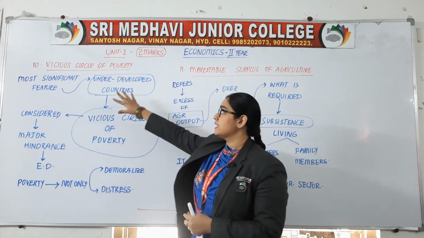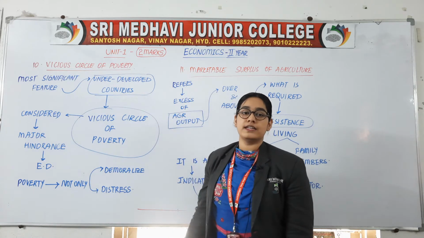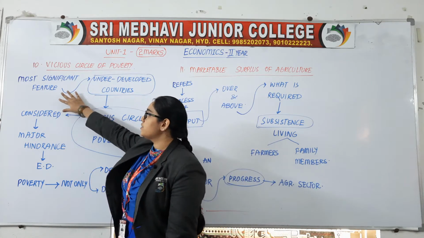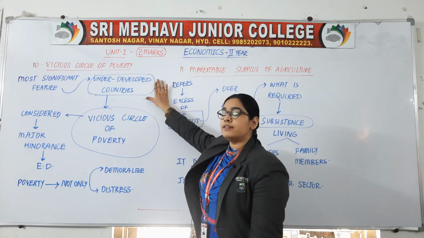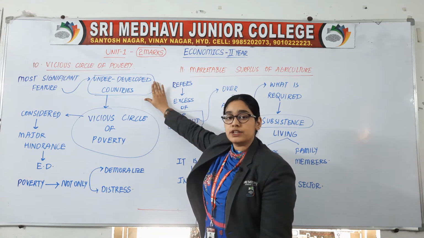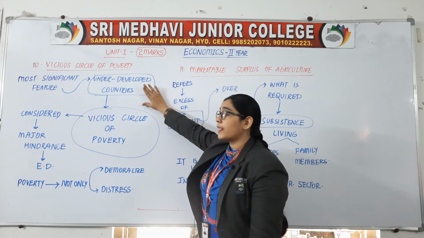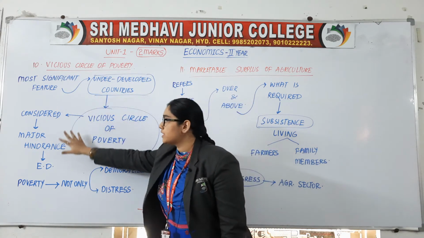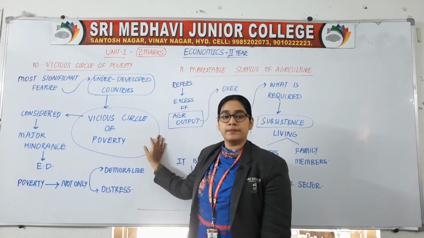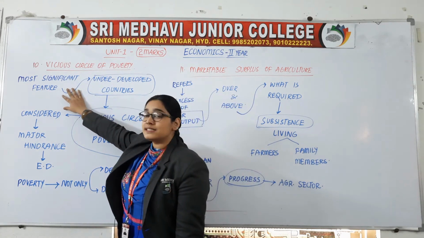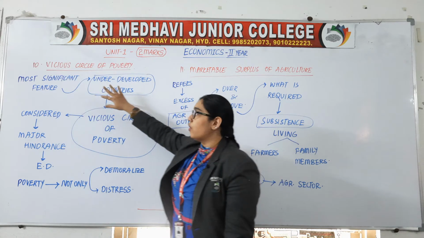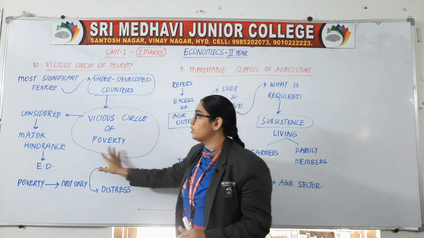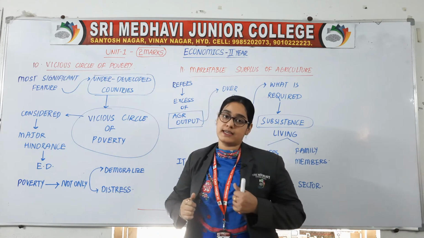Alright, so what is vicious circle of poverty? Let us see. The most significant feature of underdeveloped countries. Which countries? Underdeveloped countries is vicious circle of poverty. What is the most significant feature of underdeveloped countries? It is vicious circle of poverty.